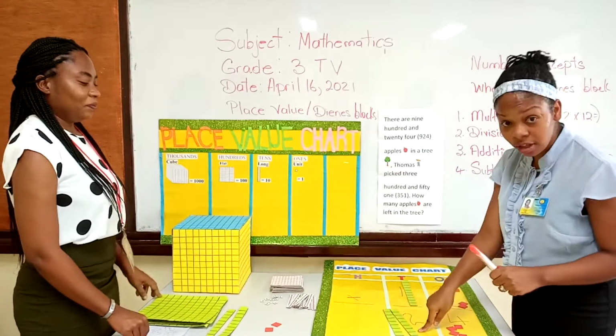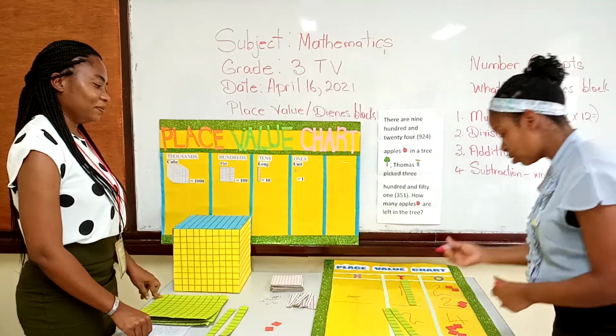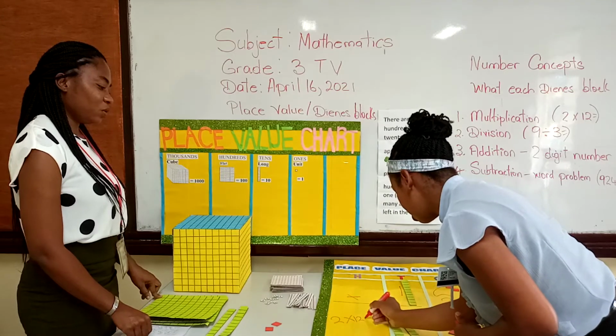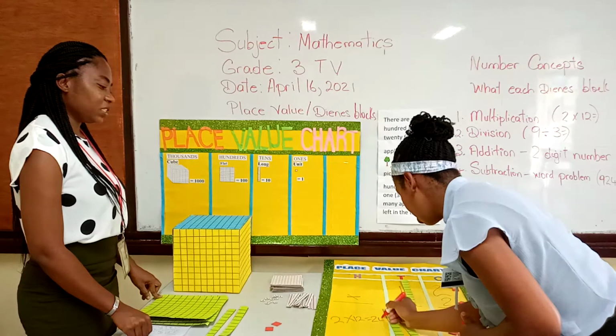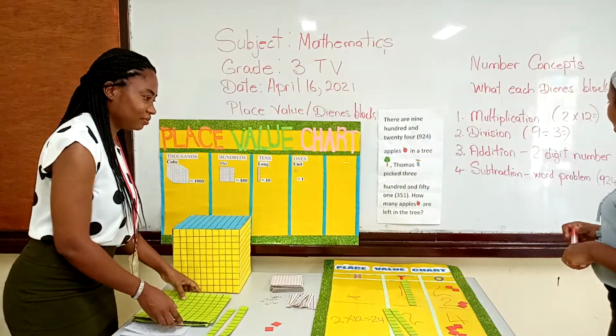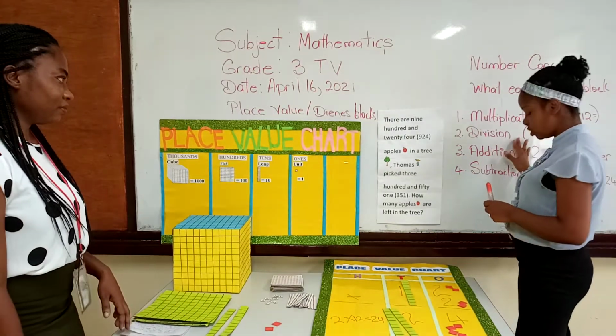We have 2 of the longs to represent the 20. So 2 times 12 equals 24. Now we're going to go to the next concept, which is division.